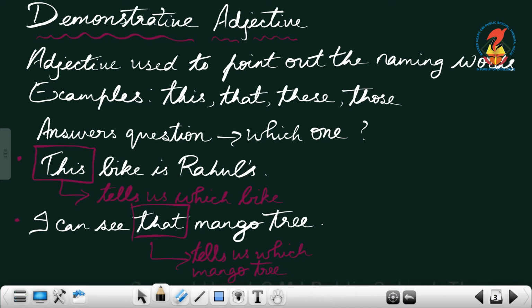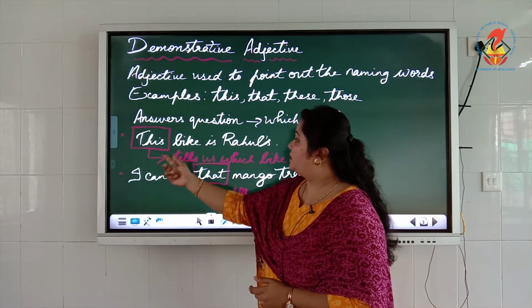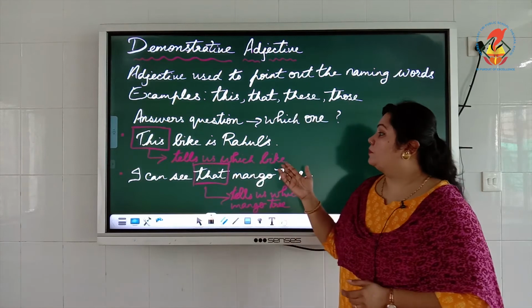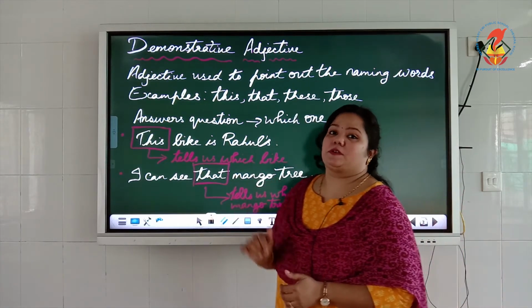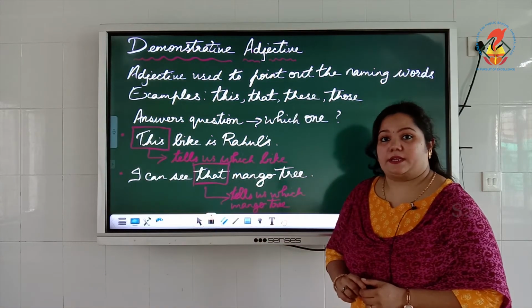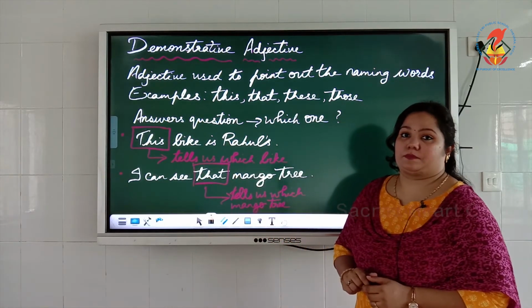So that is a demonstrative adjective in this sentence because it tells us which mango tree. And in the previous one, this bike is Rahul's. The word this tells us whose bike or which bike. Among the bikes, which is Rahul's bike. So the word this tells us that, right? It points out the bike that is Rahul's.